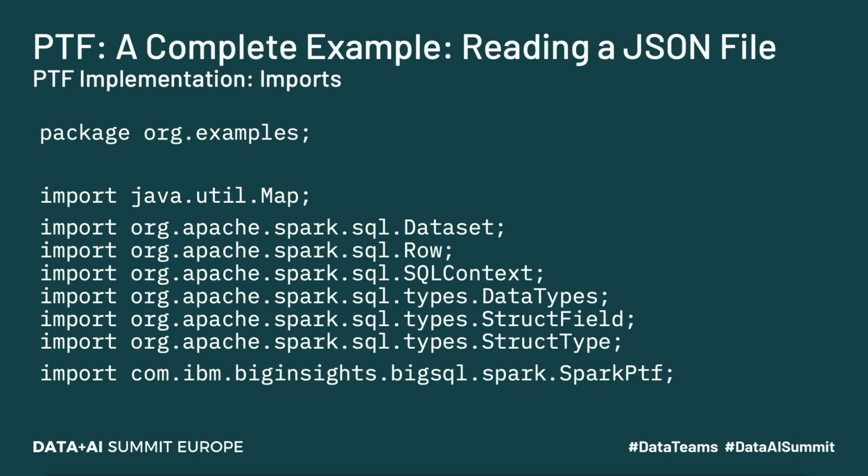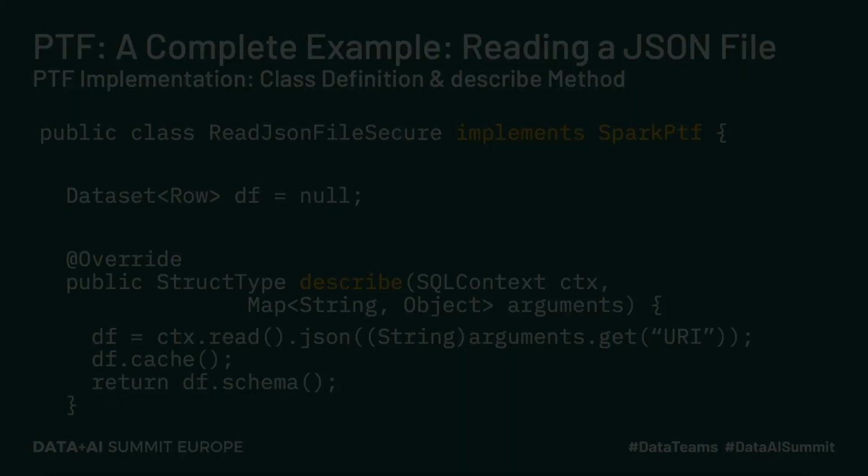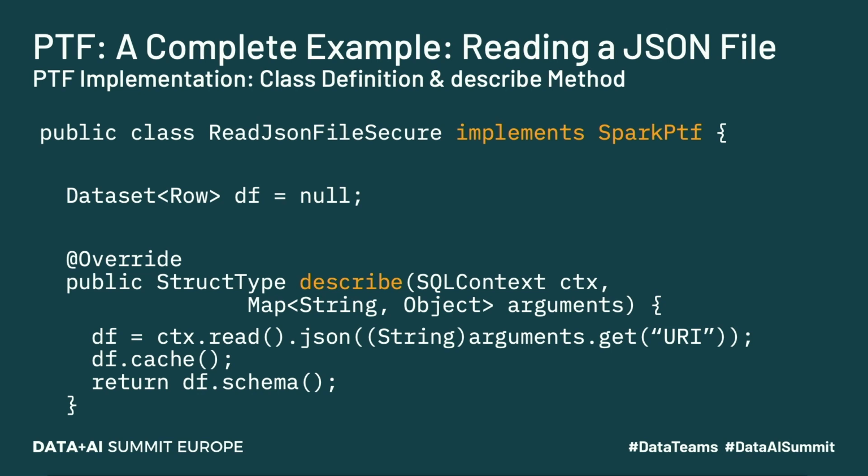There are some imports. I think the last line is the most important one, where we are importing Spark PTF. Next, let's look at the describe method. You see the class definition that it implements Spark PTF, and we are defining a data set df, which we use for representing the table.